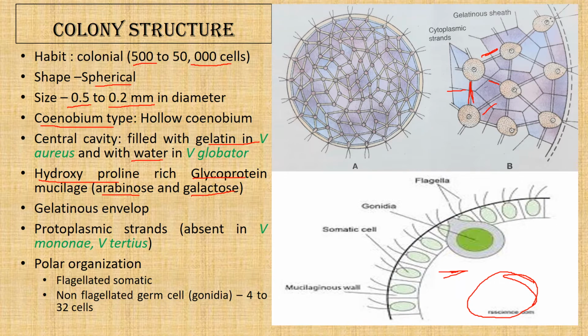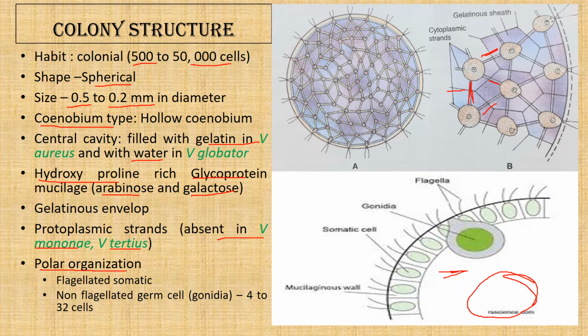The cytoplasmic strands are absent in certain species of Volvox, mainly Volvox monanae, Volvox montanae and Volvox tertius.